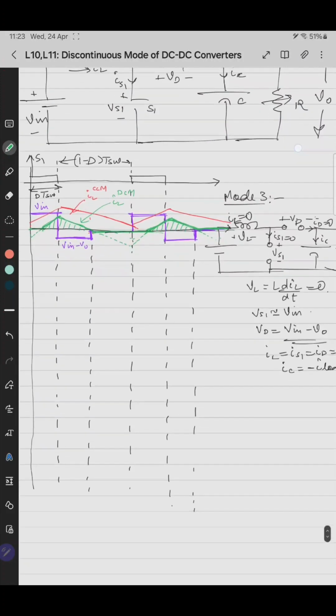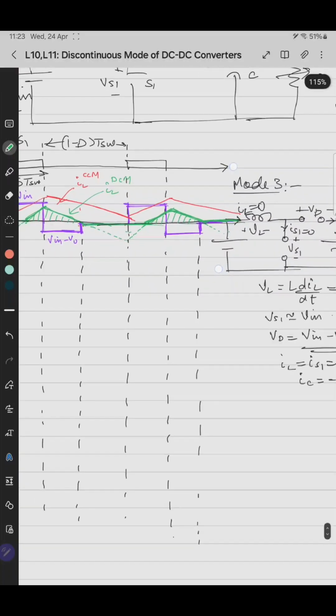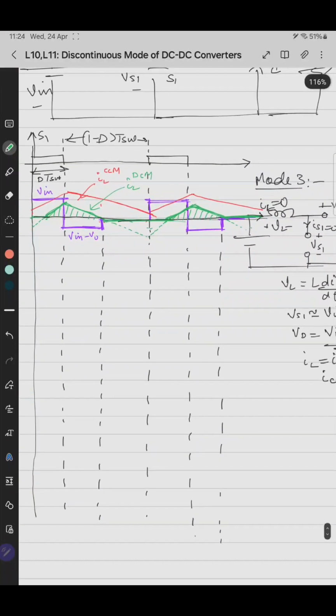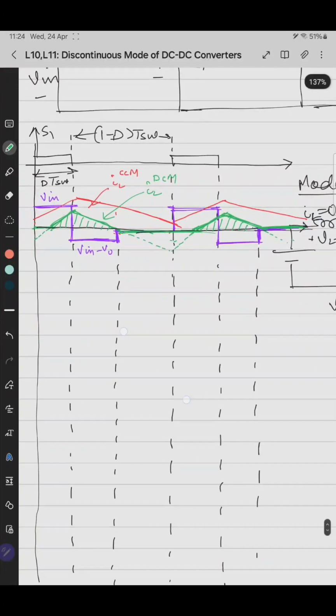So here we have drawn the inductor current, IL of CCM and IL of DCM. The slopes are changed and the waveform is pushed down. See here that the start point of the inductor current is not equal to the start of the inductor voltage waveform. It is shifted because the waveform is pushed down.